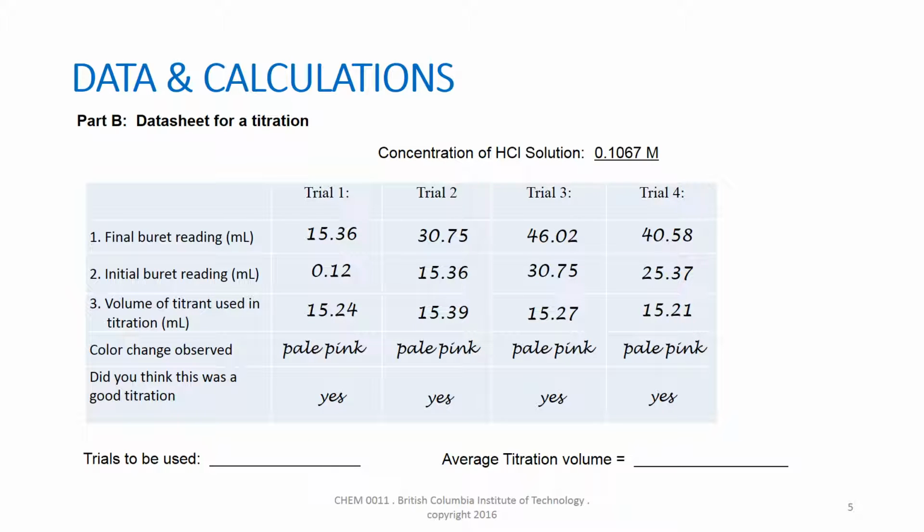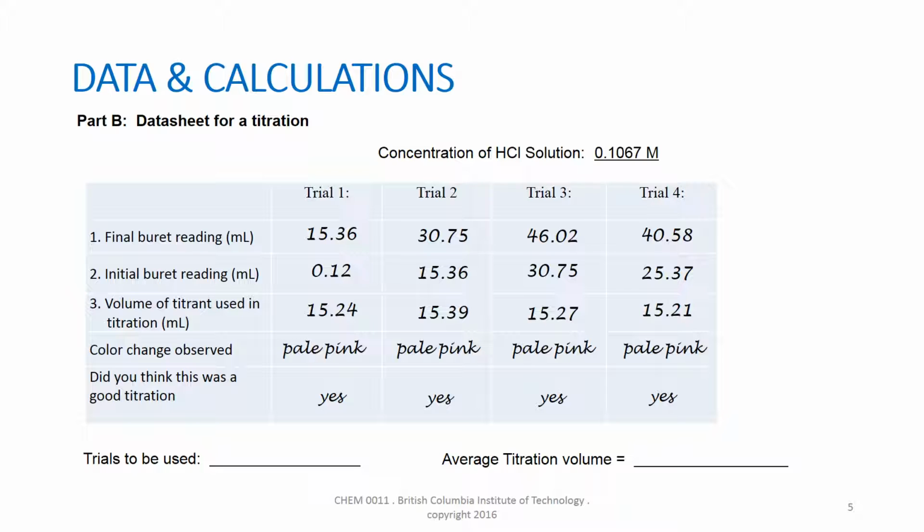This is another example of what the raw data may look like. The results of the 4 titrations are 15.24 milliliters, 15.39 milliliters, 15.27 milliliters, and 15.21 milliliters of NaOH used. And all of the titrations gave a nice pale pink titration endpoint. Trials 1, 3, and 4 are all within 0.1 milliliter of each other, but trial 2 is outside this range.